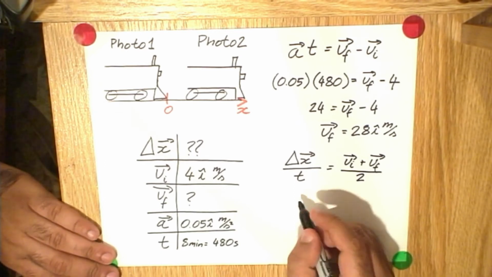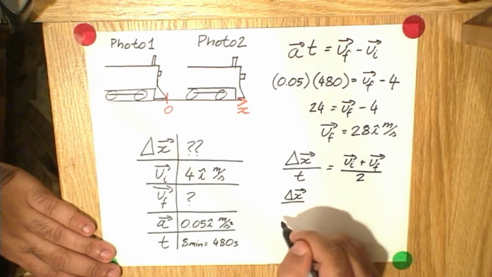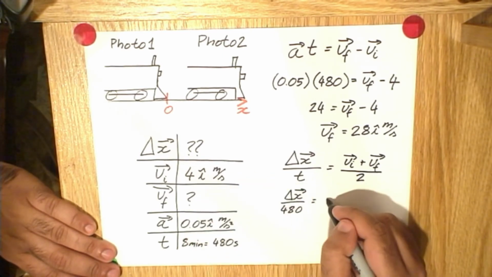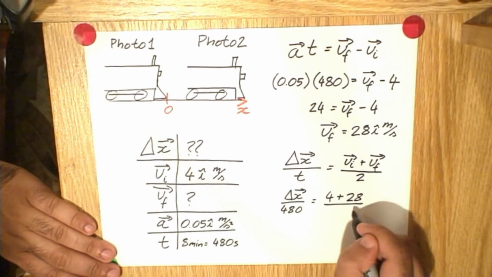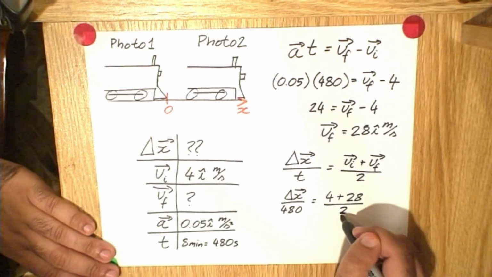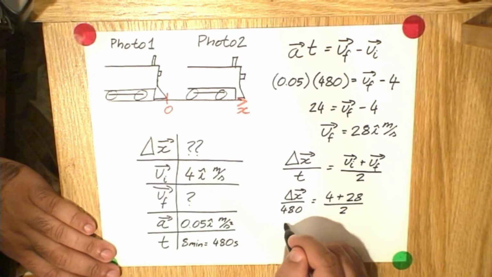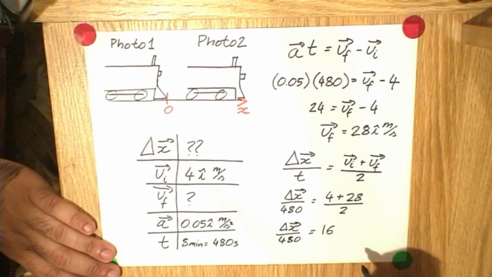Now, let's plug in all the information that we know. Delta x over the time, 480, is equal to v initial, 4, plus v final, 28, all divided by 2. 4 plus 28 gives us 32, divided by 2 gives us 16. So we now have delta x over 480 is equal to 16.